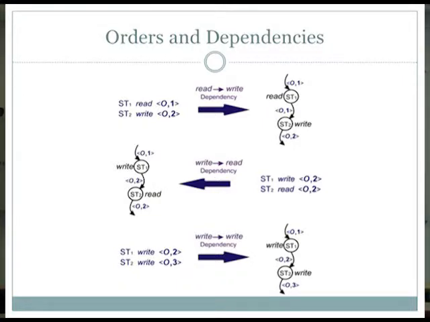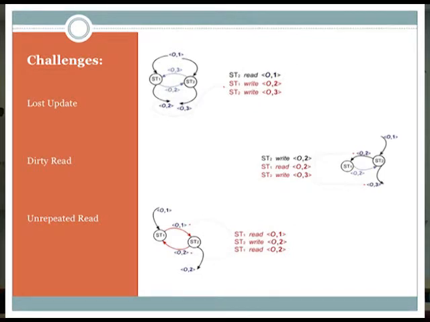But what is the problem? These are the challenges. These are the classical challenges. You can make all sorts of complicated scenarios based on these. These are just very simple ones. The first one is lost update. A sub-transaction, a transaction, reads the data.